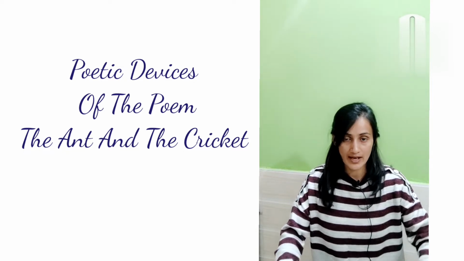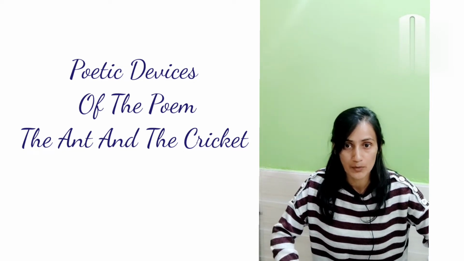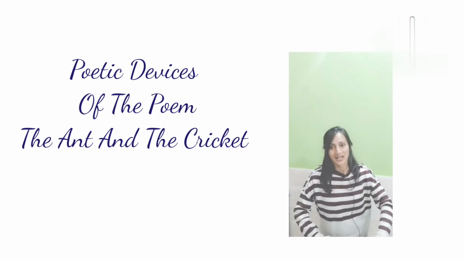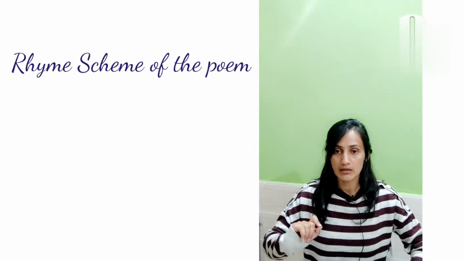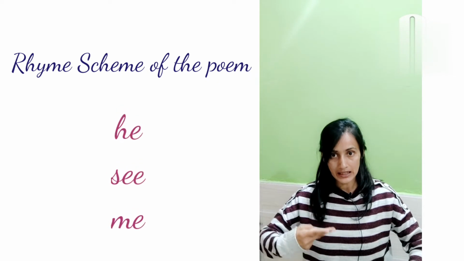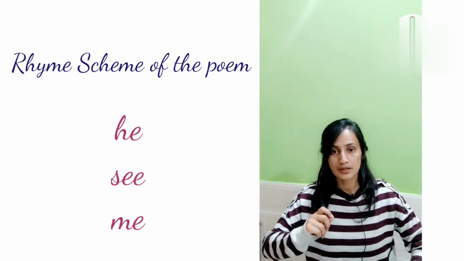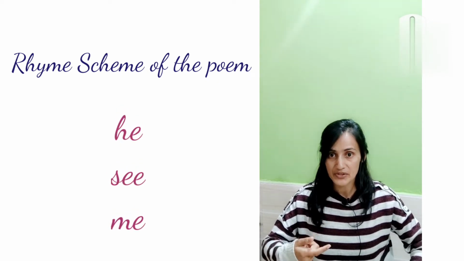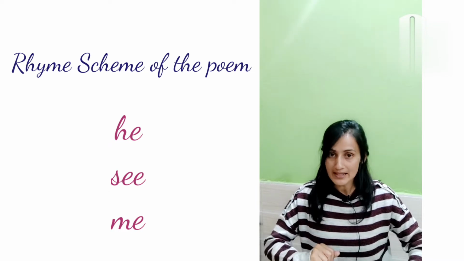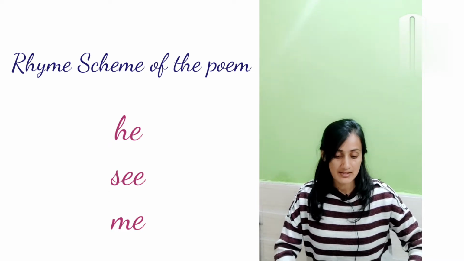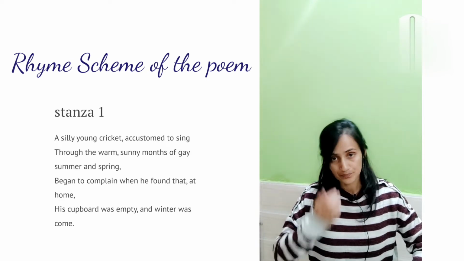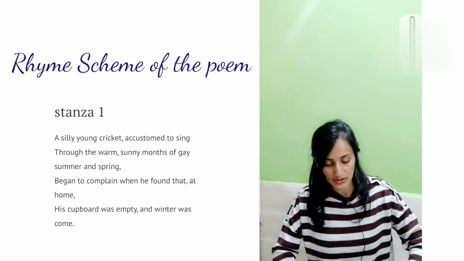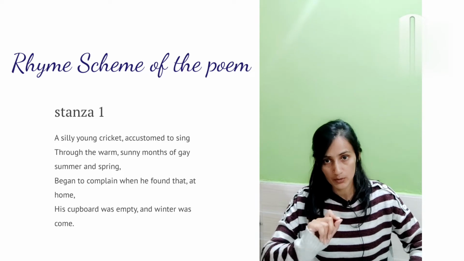So let's understand the rhyme scheme of the poem. When I say he, see, me, we see in the words he, see and me, there is a repetition of a similar sound. So that's rhyme scheme. Let's understand in the first stanza of the poem. How do we check the rhyme scheme? We see the last word of the line.